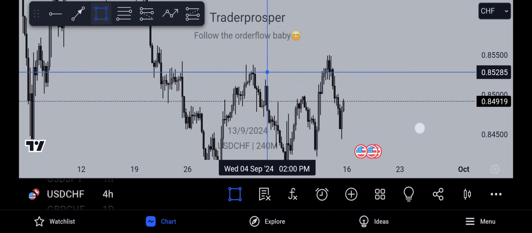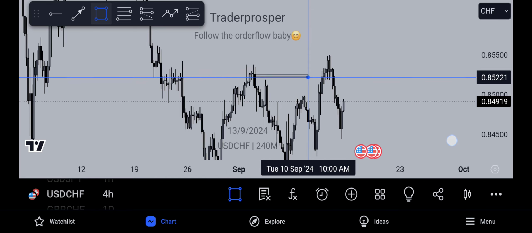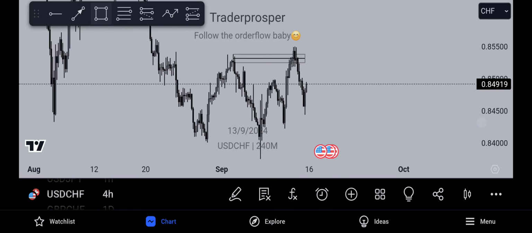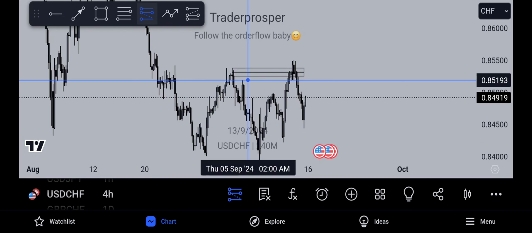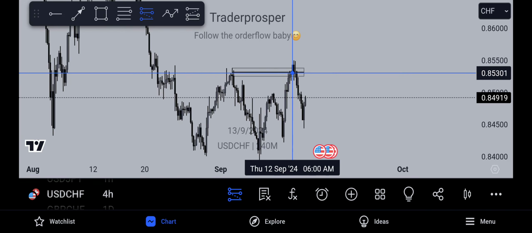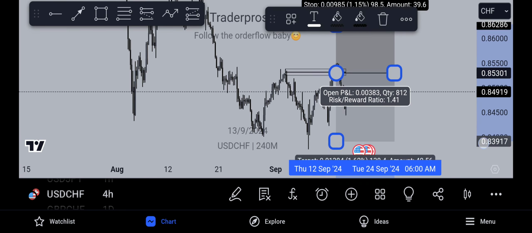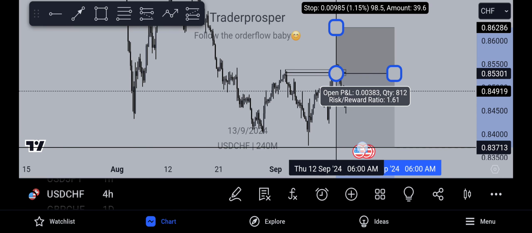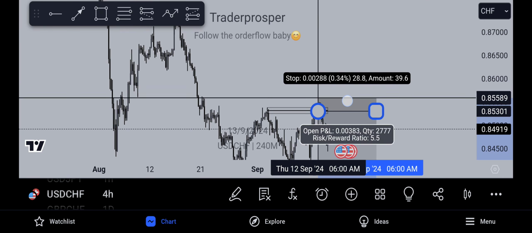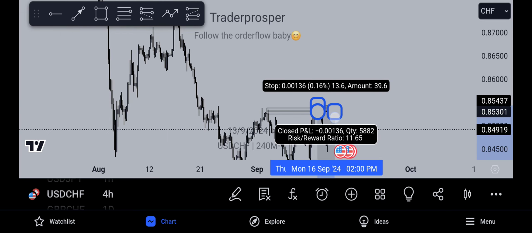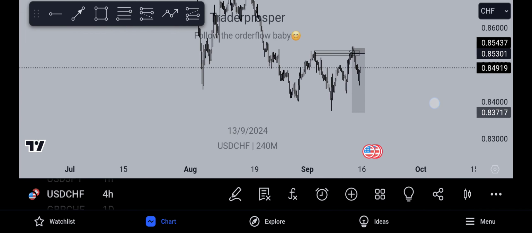This guy swapped liquidity and I just saw buyers, likely right. Okay. Likely right. But then it just took me out. Okay. It just took me out.